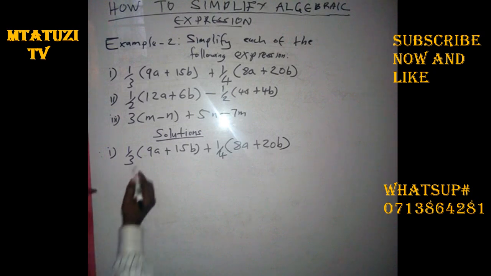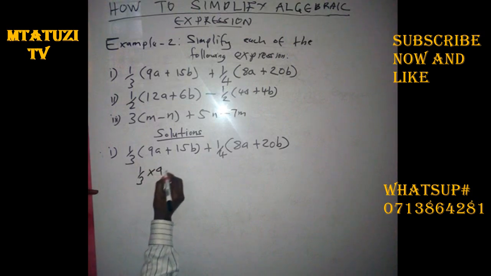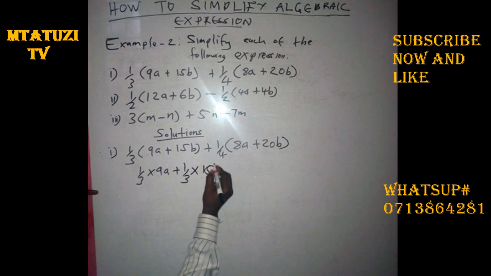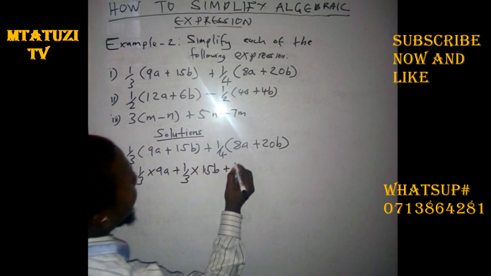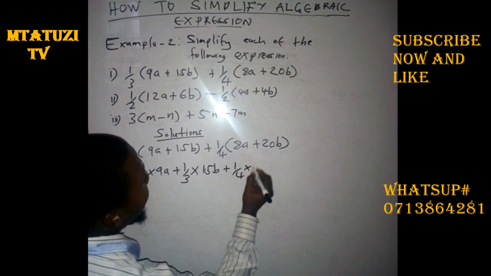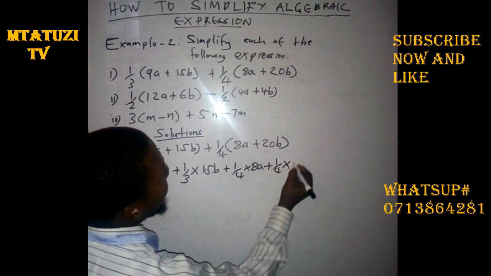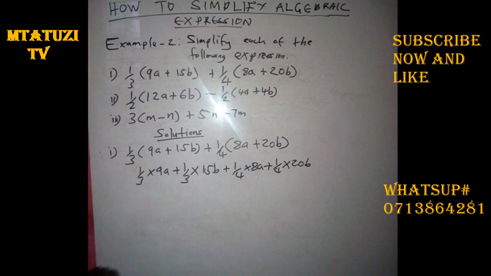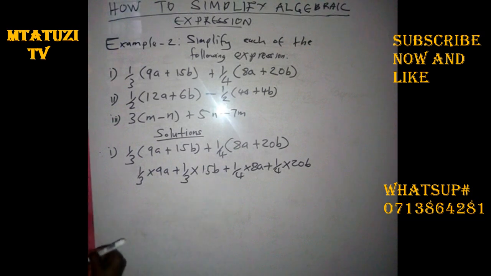Take 1/3 times 9a plus 1/3 times 15b, plus 1/4 times 8a plus 1/4 times 20b. So that is how we are opening the bracket.